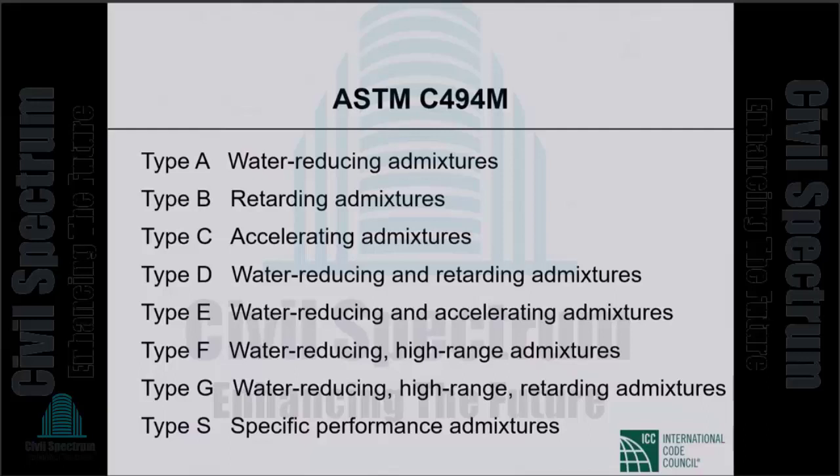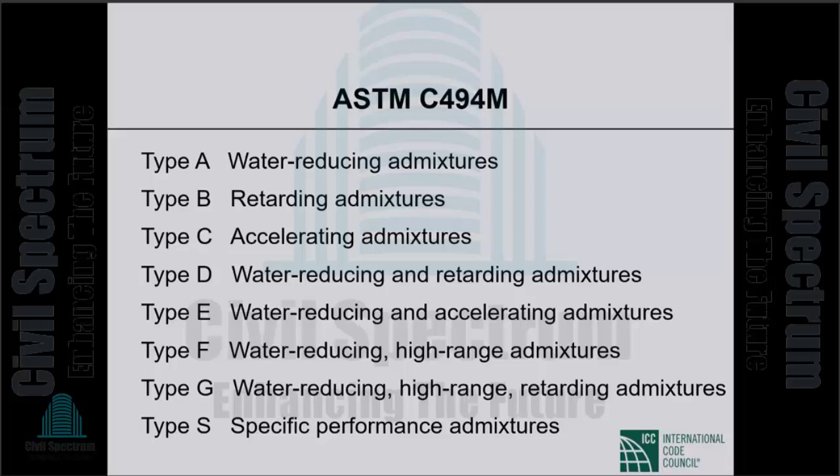Water reducing admixtures, C494 type A. Retarding admixture, this is set retarding admixture, type B. Set accelerating admixture, type C. Water reducing and retarding, type D. Water reducing and accelerating, type E. Water reducing high range admixtures, F. Water reducing high range retarding admixtures, G. High range means it gets close to what was it called, the self-consolidating.